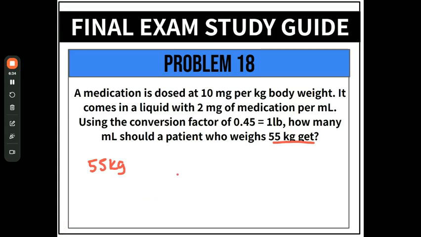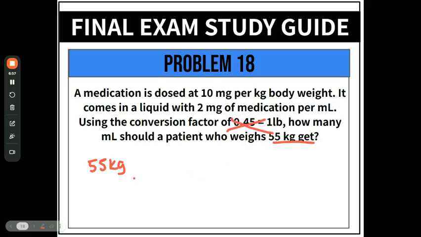Okay, and we don't need to convert to pounds here from kilograms because the medication is dosed per kilogram of body weight. So this is a good example of when we should really take a close look at our question because sometimes they give us extra information that we don't necessarily need.